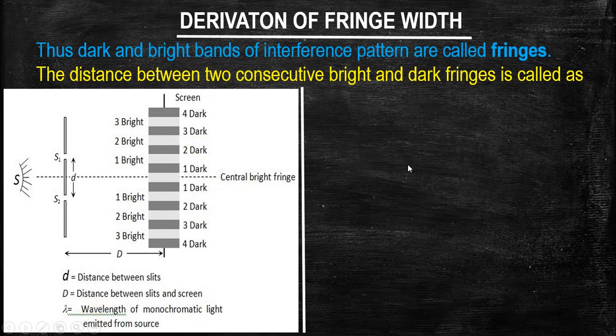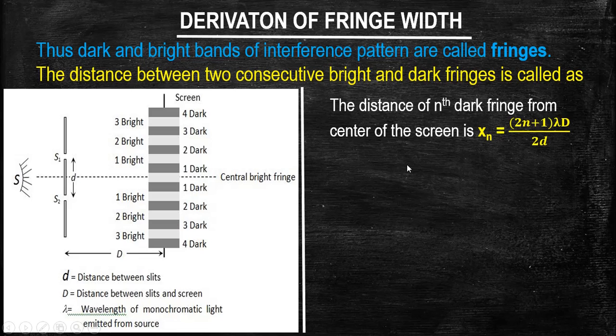Similarly, we can arrive at the fringe width by taking any two consecutive dark regions. This is the generalized form of the nth dark fringe: xn equal to (2n plus 1) lambda D upon 2d. This is the distance of any dark fringe from the center of the screen.